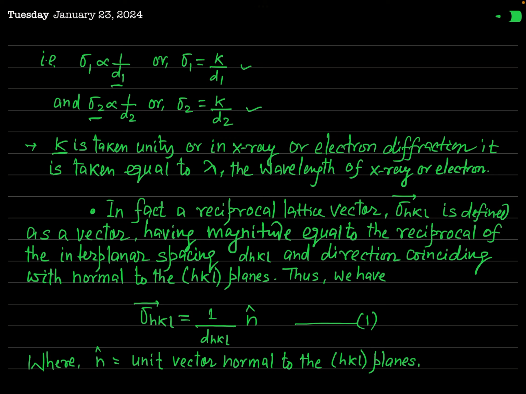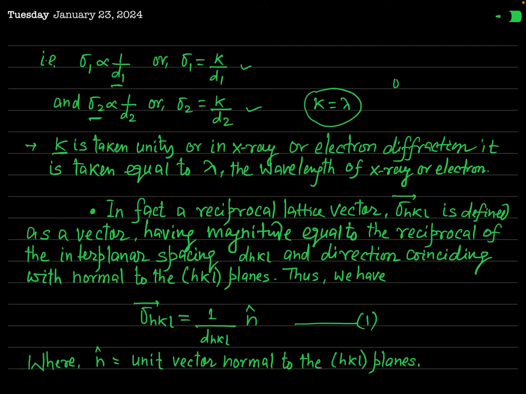But in X-ray or electron diffraction, it is more convenient to take the value of k equal to lambda, which represents the wavelength of the X-ray or electron. But in most of the cases in crystallography, we take this proportionality constant 1.